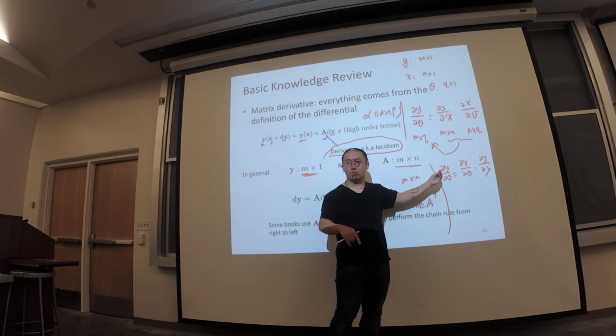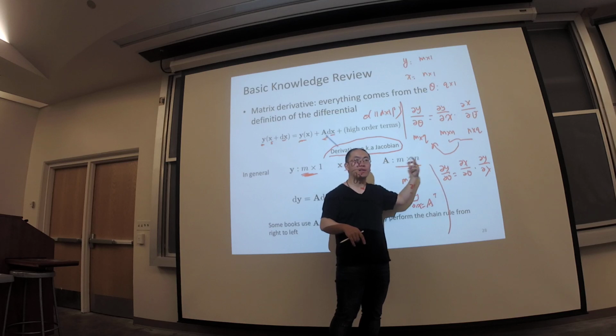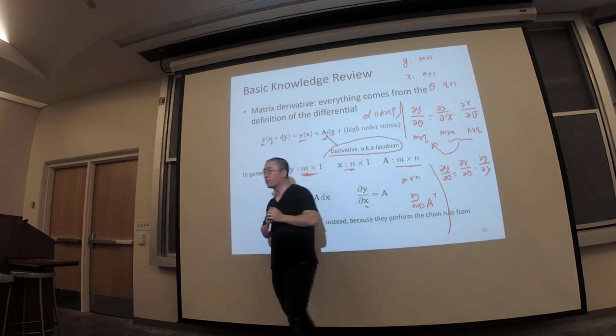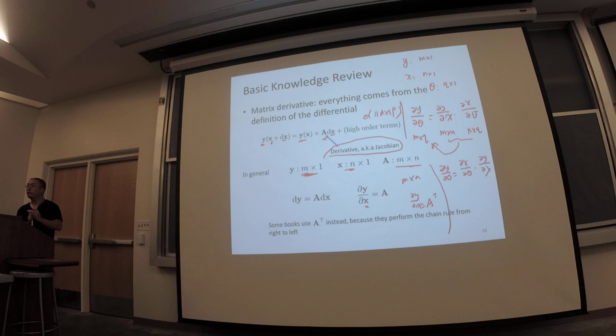So you should choose whichever one you feel better, and stick to that. And when you find results from other customs, you get used to that. Don't be confused. That's my key point. Any questions?